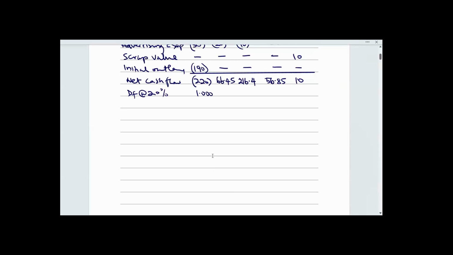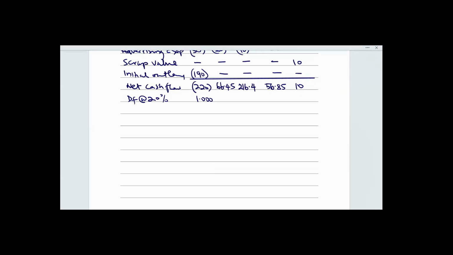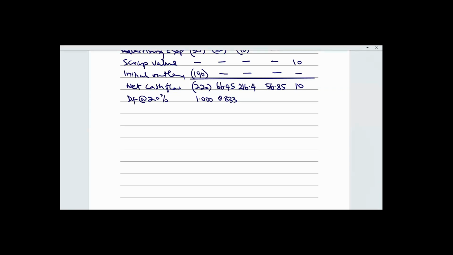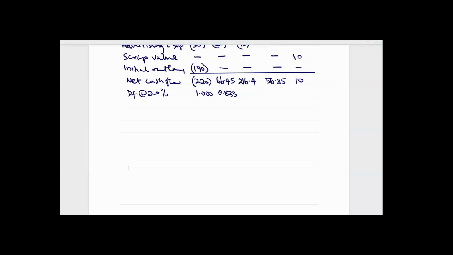Then the 20% discount factor in year one, 1.2 raised to power minus 1, equals 0.833. Then for year two, 1.2, 0.694.